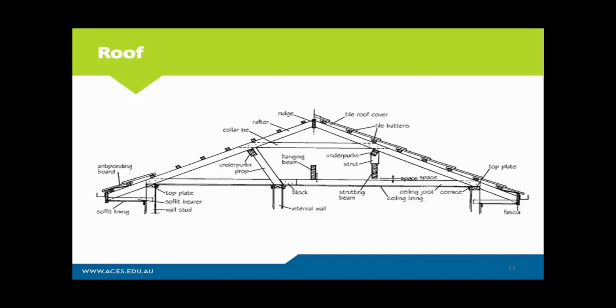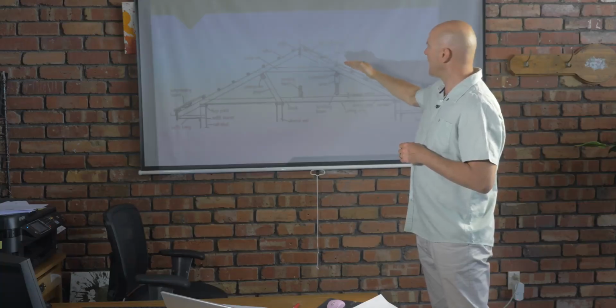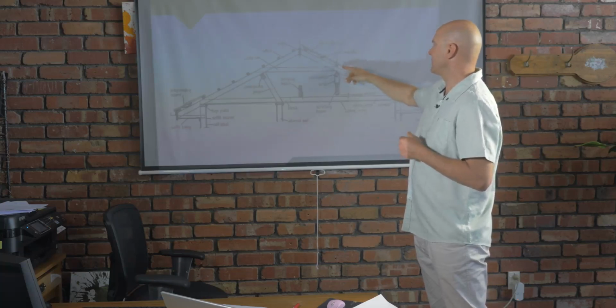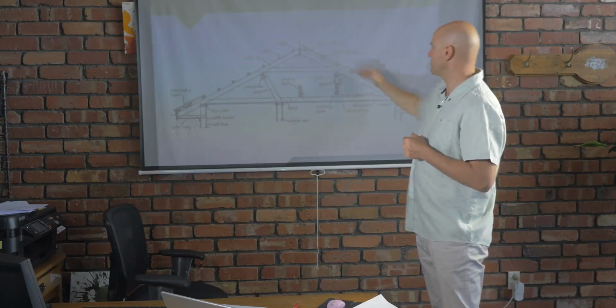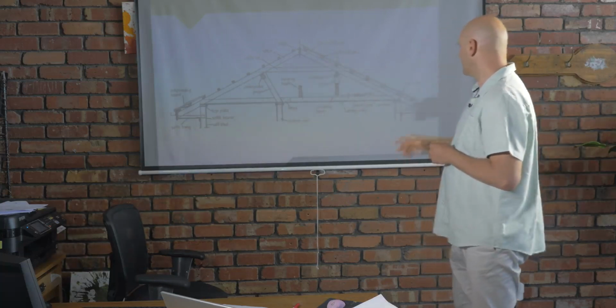Roof styles. So you've got the roof corner over here. You've got the battens. This is basically a frame, but it's a piece of timber, roof batten they call it, and that's what your tile will be hooked onto.